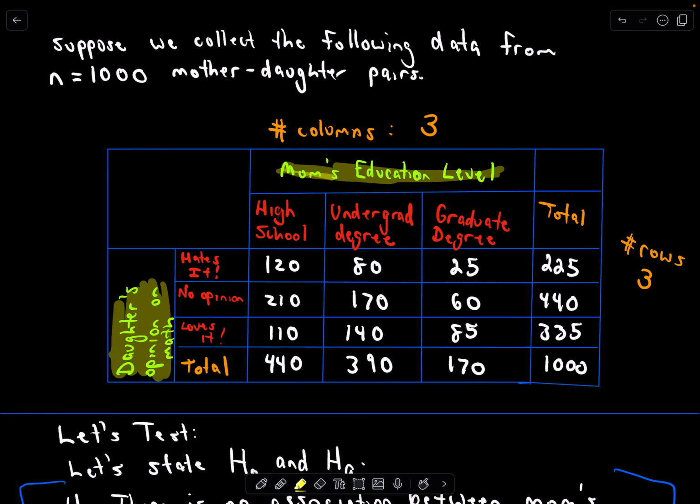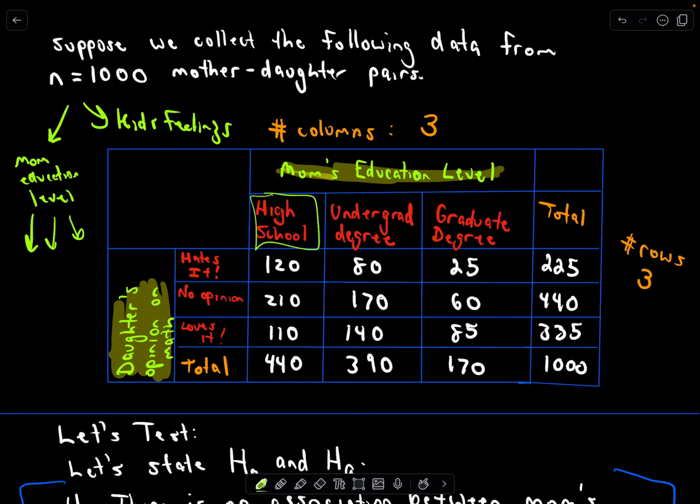Okay, so these are my two criteria that I've broken it down into, right? Like when I looked at the very beginning, I've got mom's education level and the kid's feelings. And then based on that, we can sort of subclassify it. So if we look at mom's education level, there's three different things that can happen.